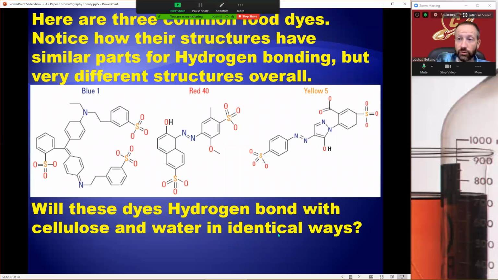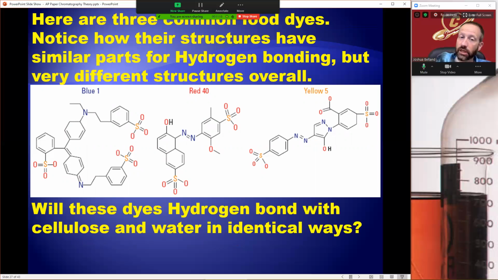Let me prove it to you. Here I have on the left blue number 1, that's blue food color. For comparison, red 40, I stuck in the middle, that's red food color. And then also for comparison, I have yellow 5 over on the right, that's yellow food color. And I tried to color code similar parts.